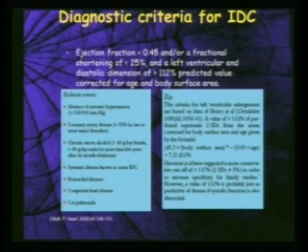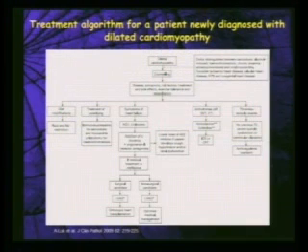And the exclusion criteria is absence of systemic hypertension and coronary artery disease. You have to rule out all these possibilities, pericardial disease, systemic disease, before labeling this patient as a case of dilated cardiomyopathy. And the key is the criteria for left ventricular enlargement, as I told you, according to which the diastolic dimension should be more than 112% of the predicted value for age and body surface area.